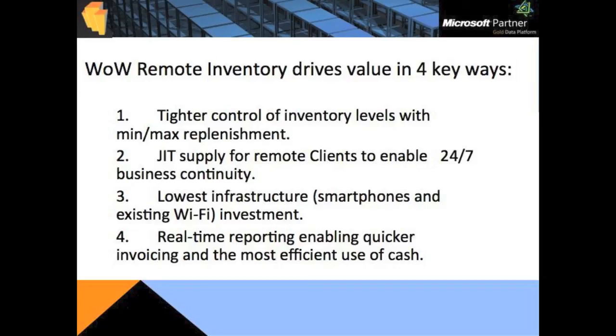It utilizes existing infrastructure of Wi-Fi and smartphones or tablet applications. The only addition is a protective boot scanner at a fraction of the ruggedized scanner costs. And finally, the ability to generate real-time invoicing, which ultimately enables better use of your cash resources.